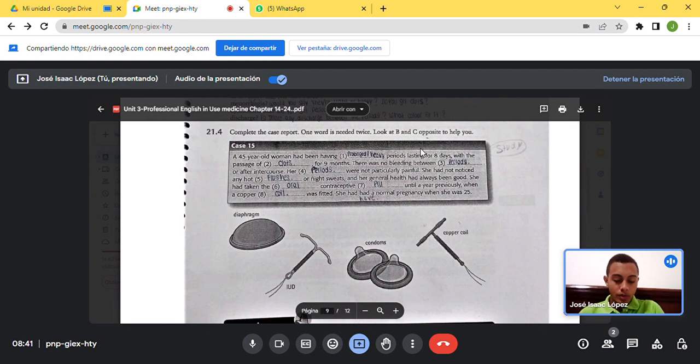Periods were not particularly painful. She had not noticed any hot flushes or night sweats, and her general health had always been good. She had taken the oral contraceptive pills until a year previously, when a copper coil was fitted. She had had a normal pregnancy when she was 25.